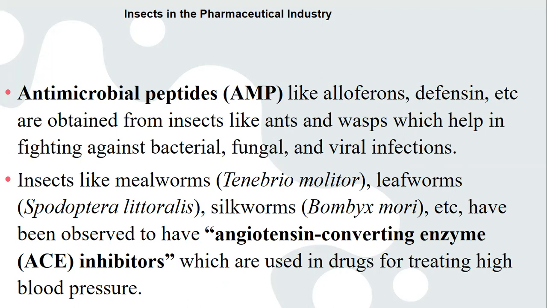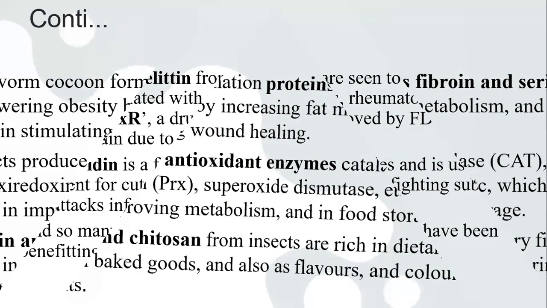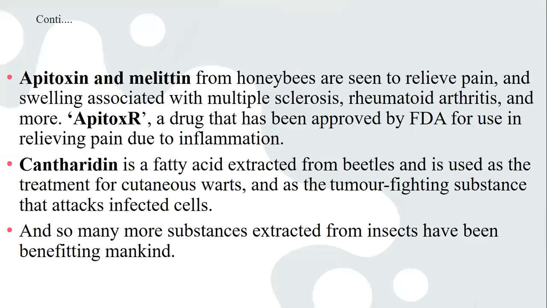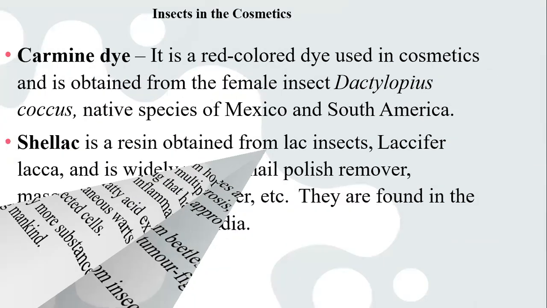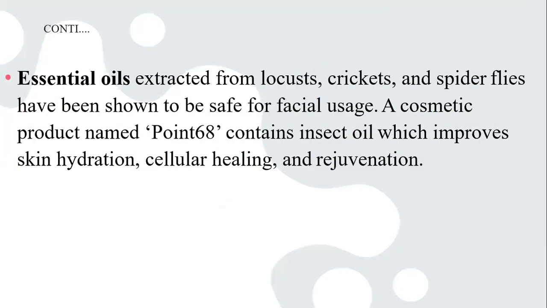That's now under the pharmaceutical industry. So we find that insects are very helpful in many ways. Some people also tend to use insects in industries like the cosmetic industries, to enhance skin softness and many more.